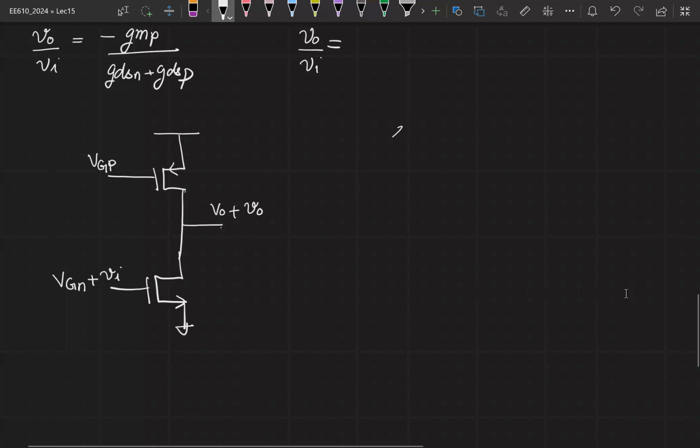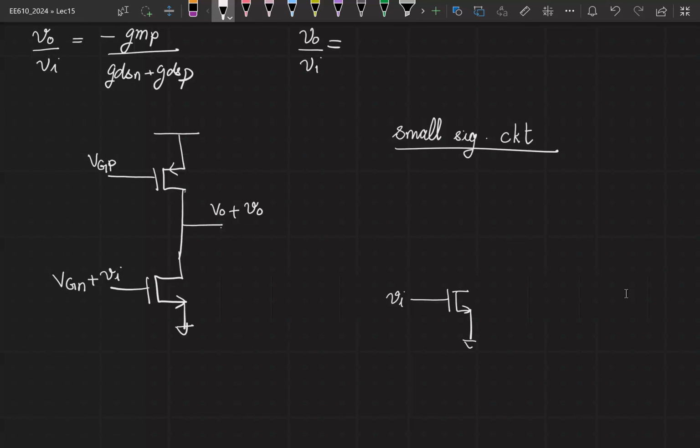Right, so I'll sketch the small signal circuit. VGN is not present in your small signal circuit. You have Vi. The gate source voltage is Vi. Therefore, current flowing through this is Gm times Vi.